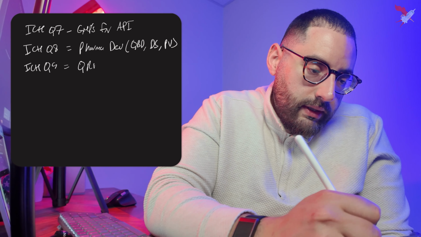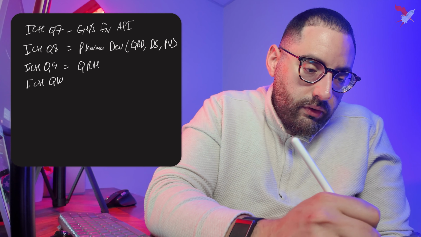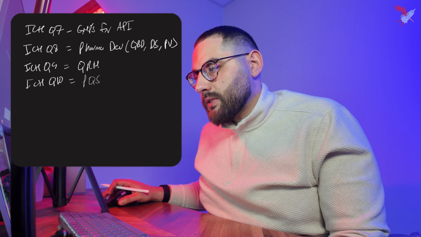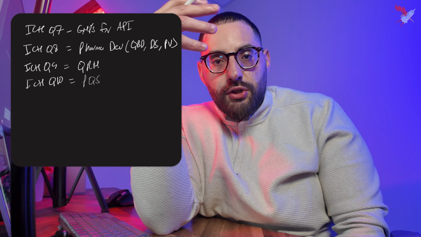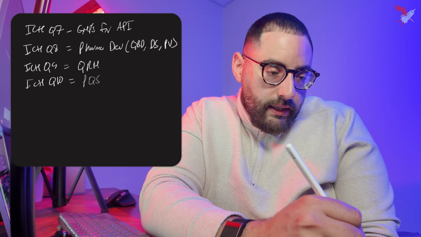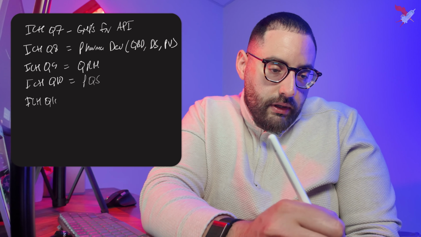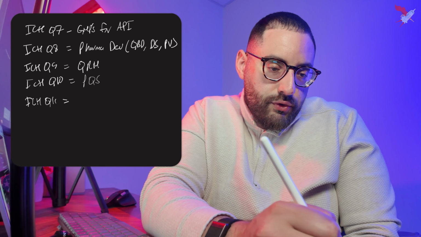ICH Q10 is the pharmaceutical quality system, or PQS. We covered that in the last episode. Now, ICH Q11 covers the development and manufacture of drug substance. So it's kind of like ICH Q8, 9, and 10, but for drug substance. And it has a direct connection into Q7.